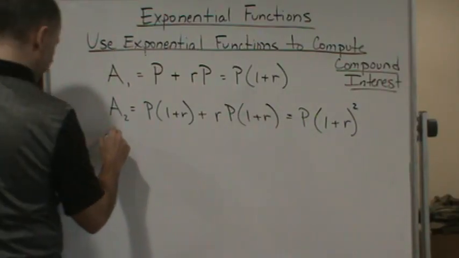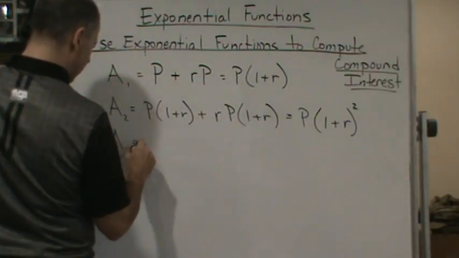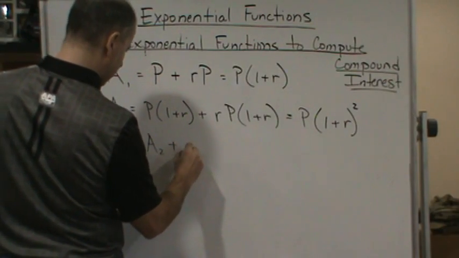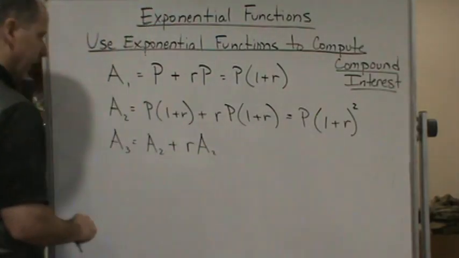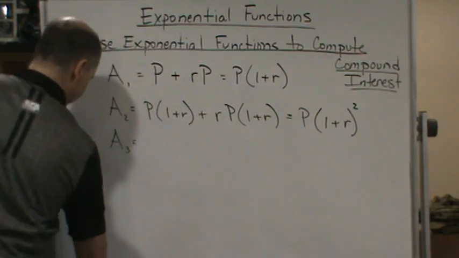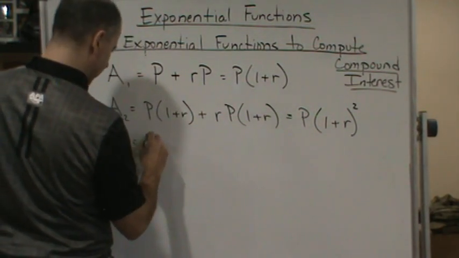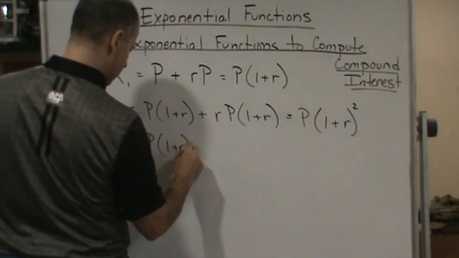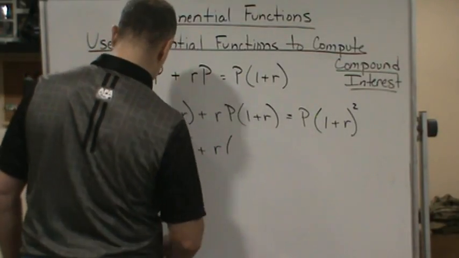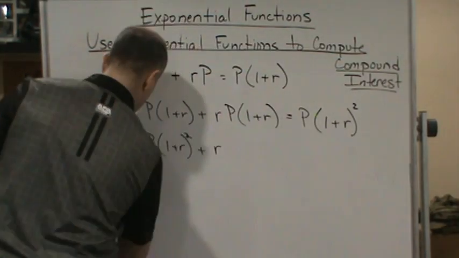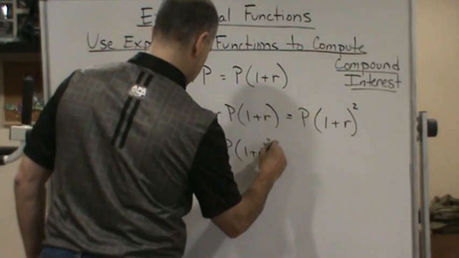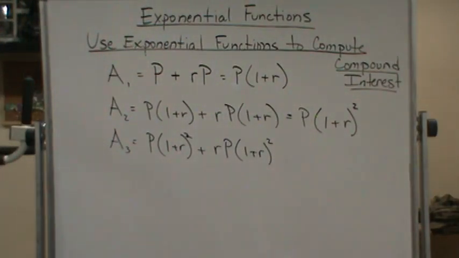Okay, now let's do one more. So A3 equals, again, A2 plus the rate times A2. And now this is A2, so let's plug in A2. That's going to be P times 1 plus R to the third, or excuse me, to the second, plus R times P times 1 plus R squared, right?